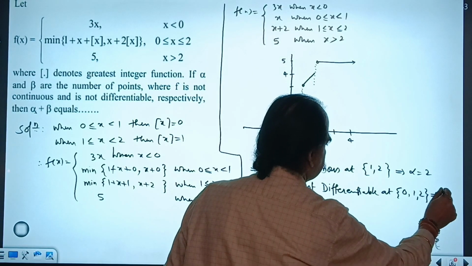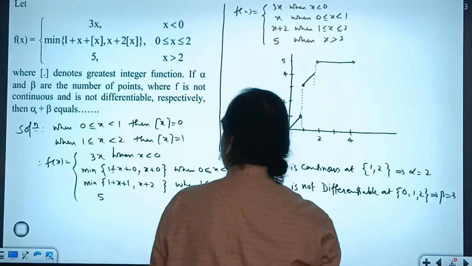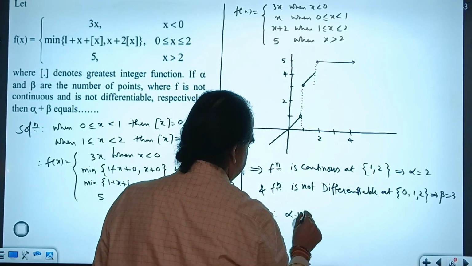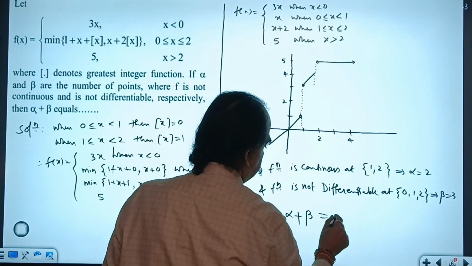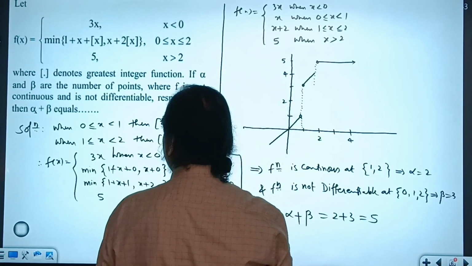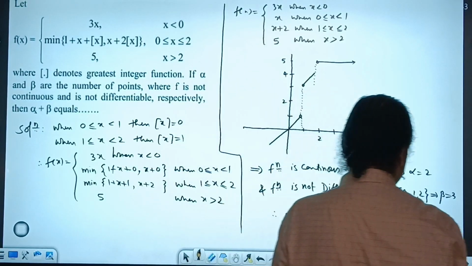So this implies beta is 3. We want alpha plus beta: 2 plus 3, which is 5.